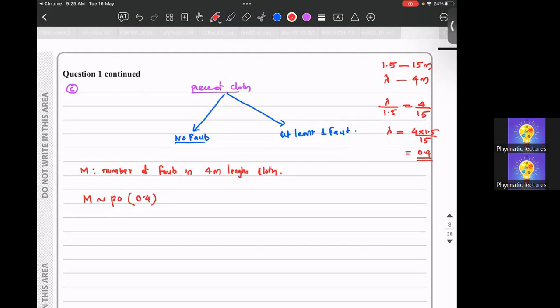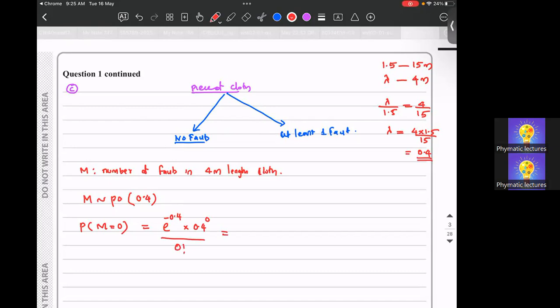Then first of all, you calculate the probability of faults equal to 0. So what is the formula? You can calculate this using a formula, or you can directly input this value in a calculator, that's up to you. You will not get this value from the table. That's what I try to convey to you. So e to the power of minus 0.4 into 0.4 to the power of 0 by 0 factorial.